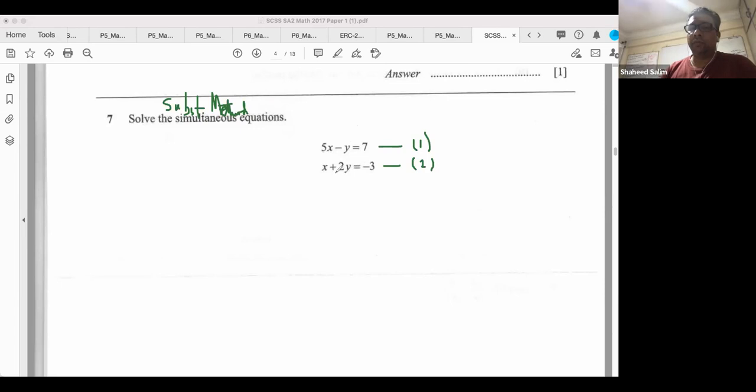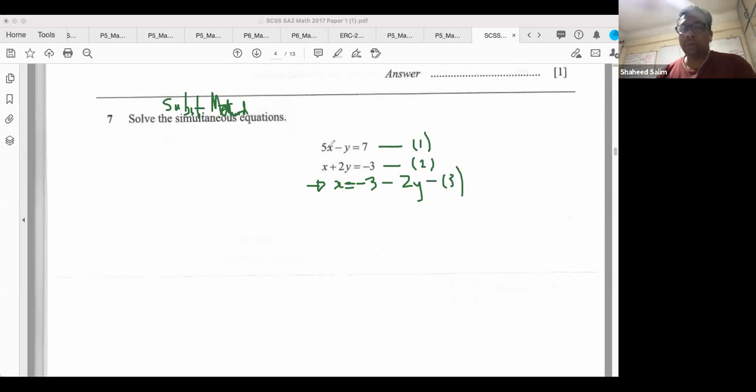Okay, maybe we can try x down here. So from equation 2, we make it equation 3, let's say. So x is equal to minus 3 minus 2y. Can you see? I bring 2y over to minus 2y. We call this equation 3.